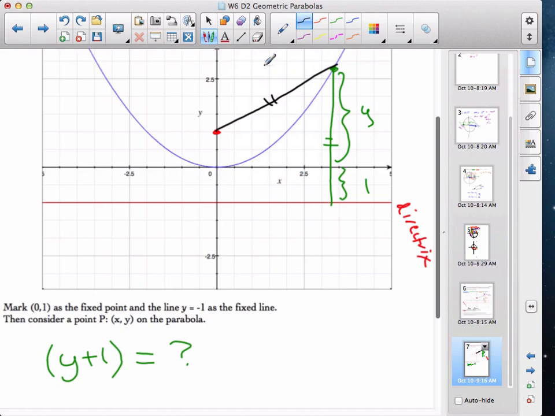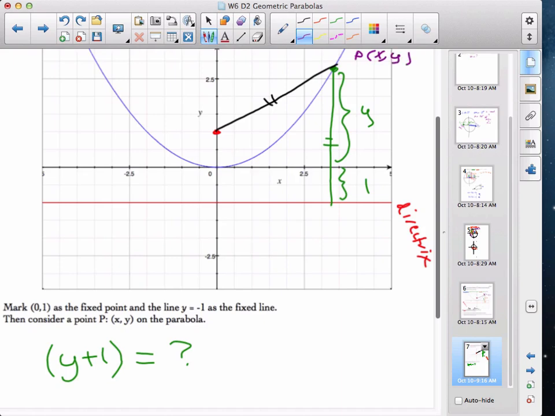So we know that the geometric definition of a parabola is, or no, that's the wrong way to start this. But okay, we know that every point on the parabola is equidistant from the focus and the directrix. So if we know that from point P to the directrix is y plus 1, we figured that out in number 2.